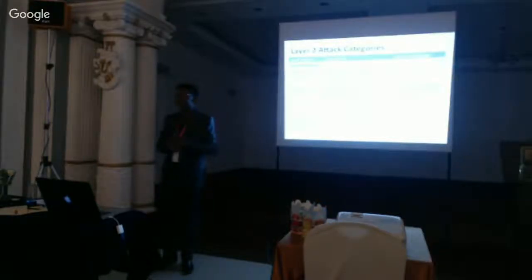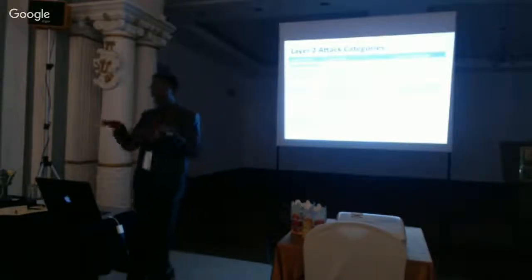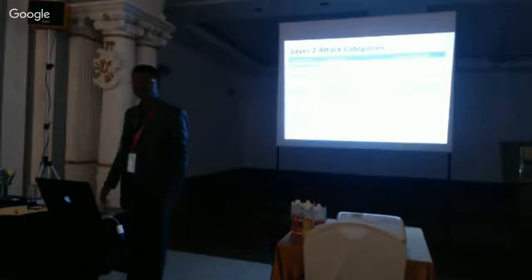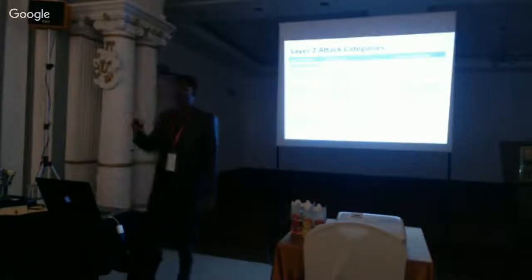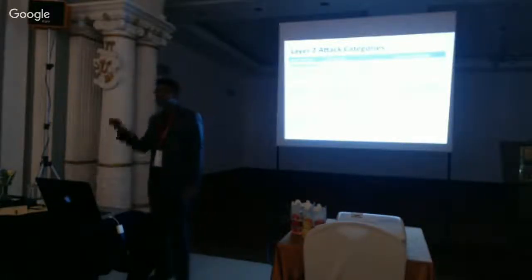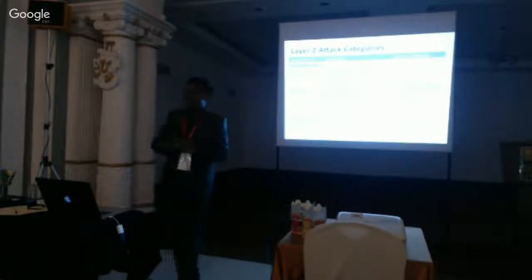The next one is the DHCP spoofing attack. The DHCP spoofing attack is a kind of man in the middle attack. What the hacker or cracker is doing is running a rogue DHCP server in their network, which is nearer than the legitimate DHCP server.